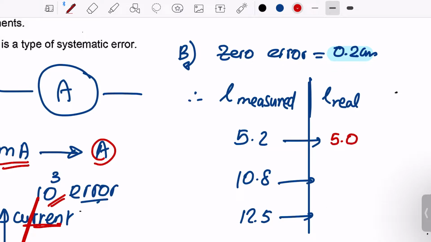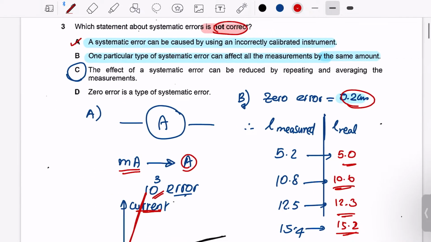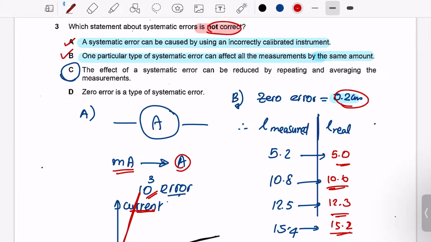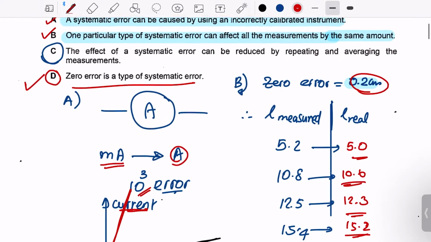Real value is 5.0, this is 10.6, this is 12.3, this is 15.2. So everyone is affected by 0.2 centimeters, like zero error. So this is also correct. Let's jump to D. Zero error is a type of systematic error. Yes, zero error means that the instrument does not start from 0. That issue is a systematic error.